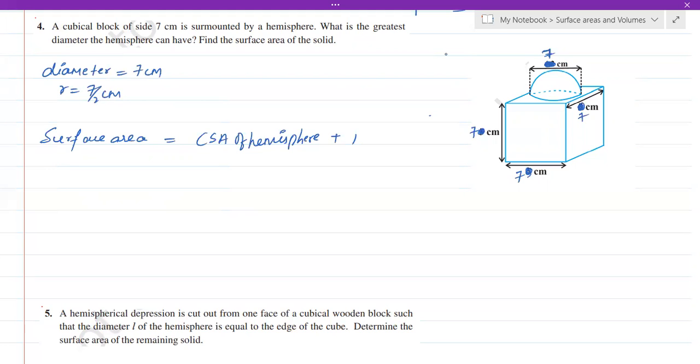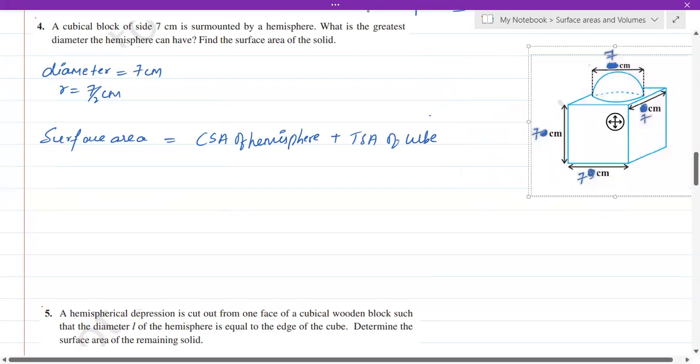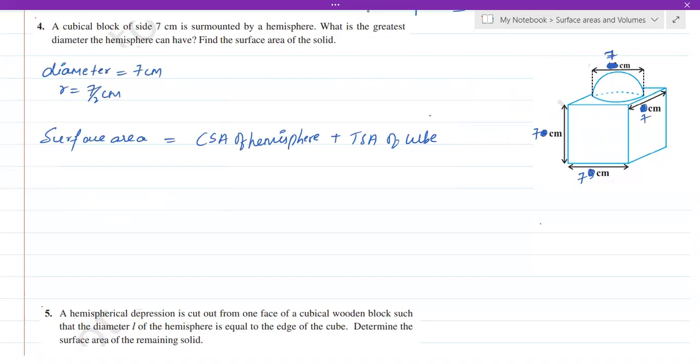TSA of cube. Remember when we said TSA of a cube, it is all the 4 walls and the base and the top, isn't it? 1, 2, bottom, and this side, and that side and the top.